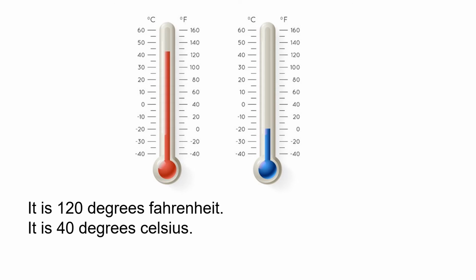The first sentence says it is 120 degrees Fahrenheit. If you take a look with more detail at the first thermometer, you can see that it is 120 degrees Fahrenheit. But if we read in Celsius, we read it is 40 degrees Celsius.